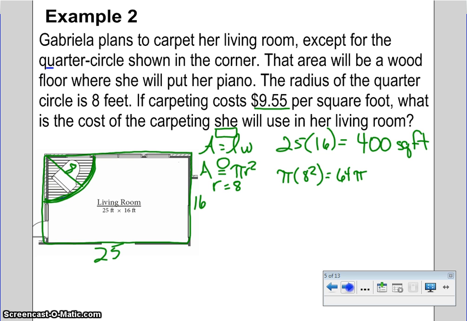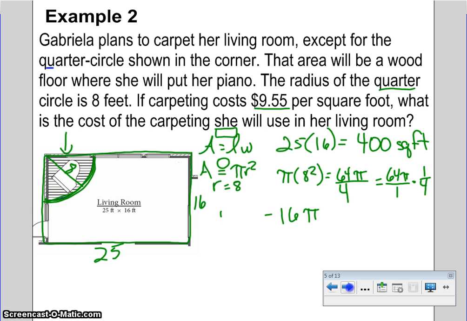Now what I'm going to do here is we're only talking 1/4 of a circle, and it says that right there. So we're actually going to divide by 4, which really what we did was we took the 64 pi and multiplied it by 1 over 4. I know that 4 goes into 64 16 times.